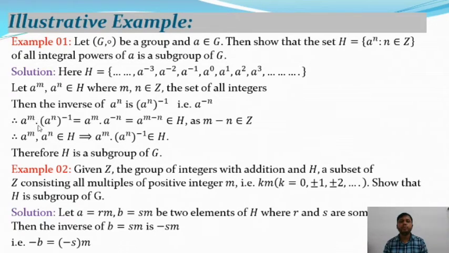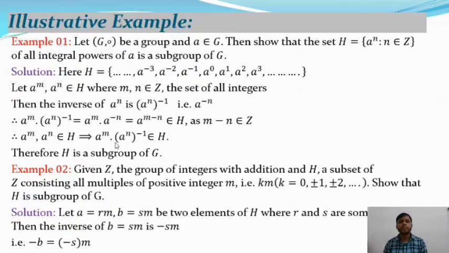Therefore a to the power m into a to the power n whole to the power minus 1 is equal to a to the power m into a to the power minus n, where a to the power n whole to the power minus 1 is equal to a to the power minus n. So from this we will get a to the power m minus n. Therefore a to the power m minus n belongs to H, as m minus n belongs to Z.